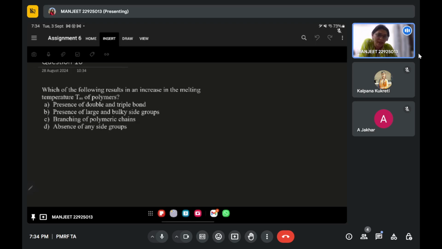But here it is asked about the polymer. Silica is also, if I'm talking about silicates, a polymer. Silicates are different polymer units. So how is the melting temperature of a polymer affected?